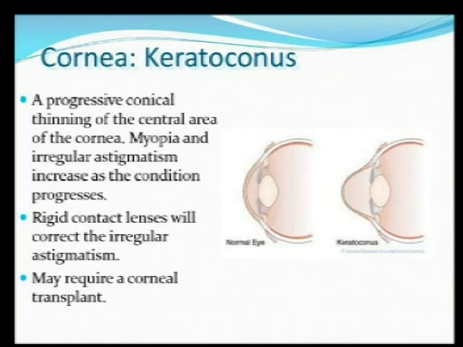But with keratoconus, as it bulges forward, it becomes progressively thinner. And as it becomes thinner and steeper, you get an increase in myopia and an increase in astigmatism, but unfortunately the astigmatism is irregular. So consequently, the flattest and steepest curves are not 90 degrees apart, and glasses become worthless as it advances.